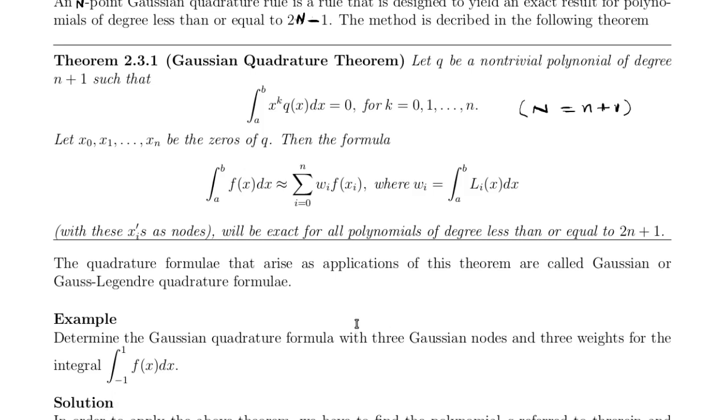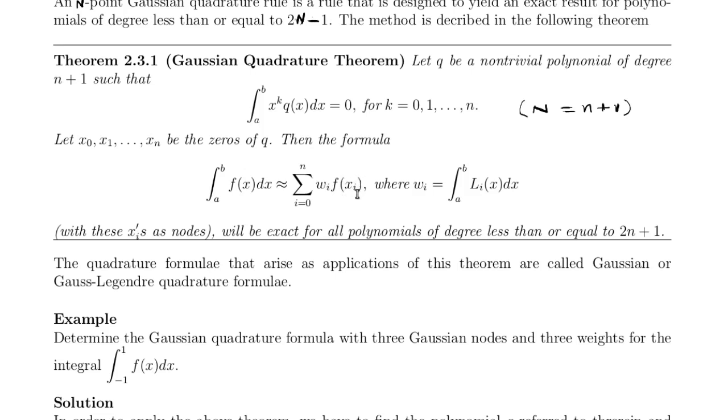So let us find our quadrature formula, which means it will be a sum with i running from 0 to 2, because i is 0, 1, 2, a total of 3 points. And then we determine the wi's and the xi's.